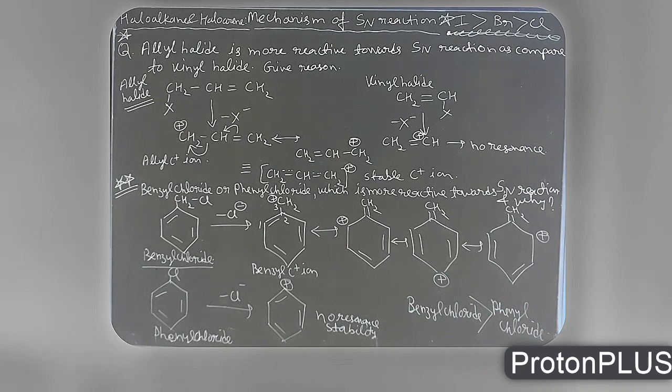In phenyl chloride, if we remove this halogen atom, then we will get this phenyl carbonium ion, two functional groups, that is positive charge as well as pi bond on the same carbon atom, so no resonance stability, no resonance, no delocalization is possible. That's why it is less reactive towards SN reaction.